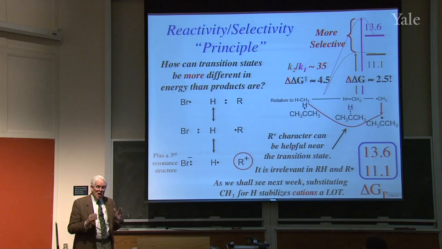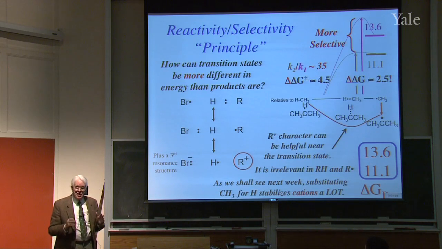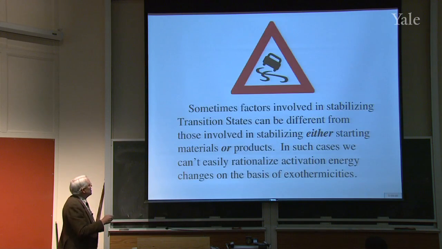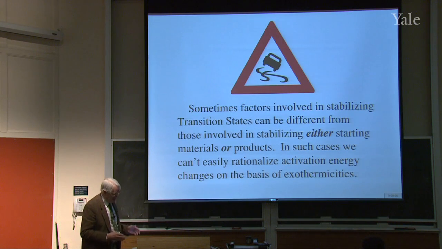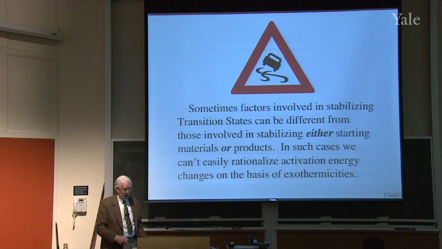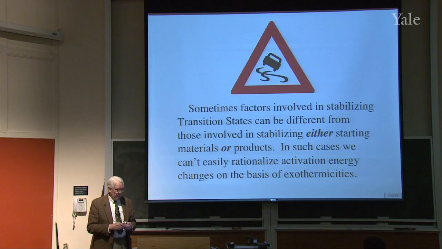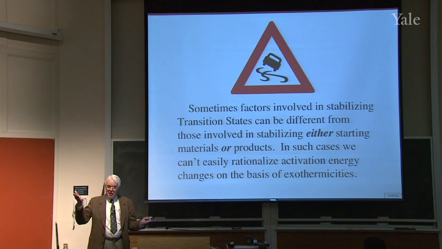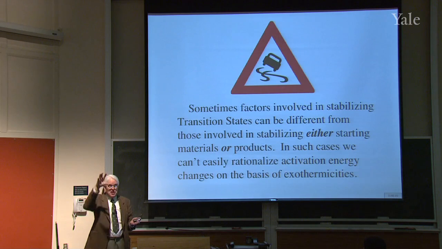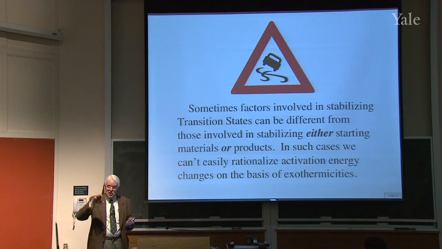We'll see when we talk about pericyclic reactions that this is very important. So sometimes factors involved in stabilizing transition states could be different from those involved in stabilizing either the starting materials or the products. And in these cases, we can't easily rationalize the activation energy changes on the basis of the overall exothermicity or endothermicity of the reaction step, because there's something special going on at the transition state.